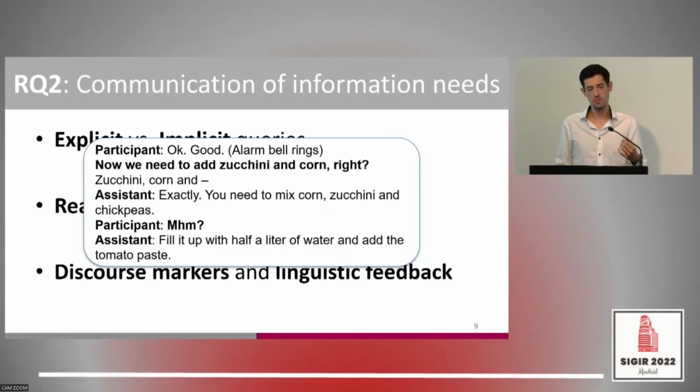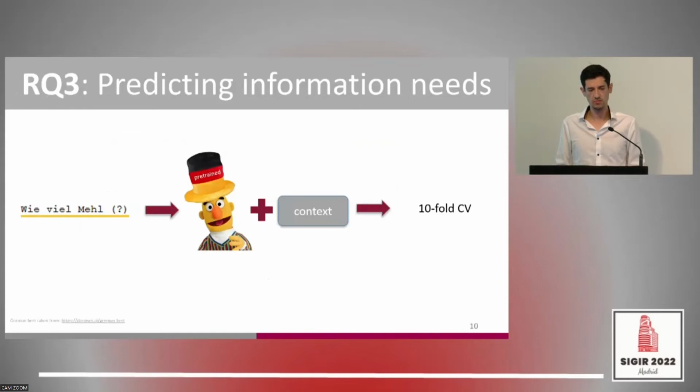And also with that discourse marker, and Andrea already mentioned it in the previous talk, it's just 3 characters, a small word, but what does it convey to the assistant? It's like, okay, I understood what you said, now proceed with the next step. This is what I considered linguistic feedback, which occurred really often in this experiment.